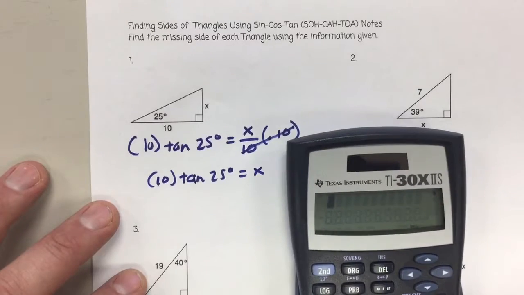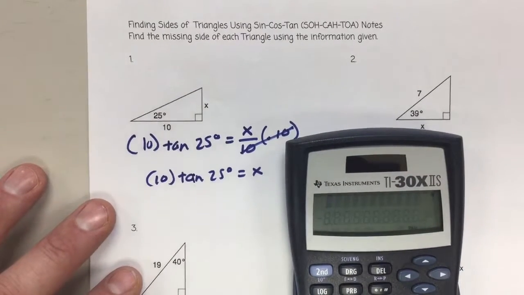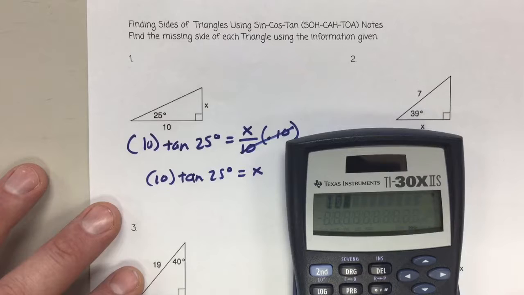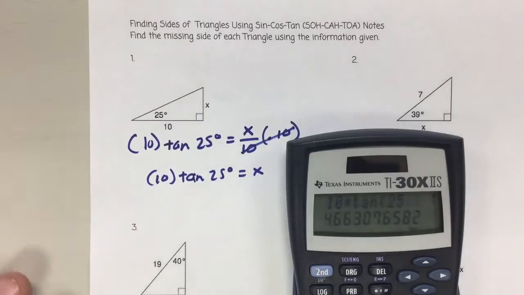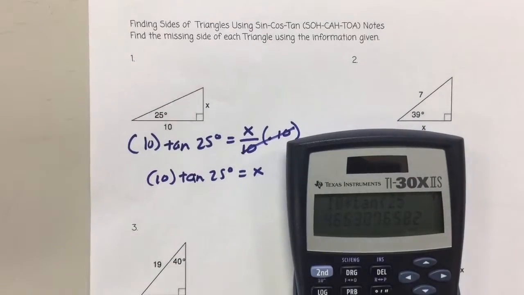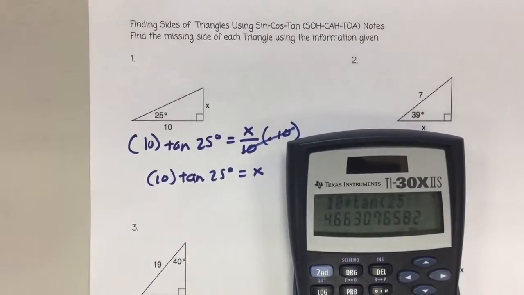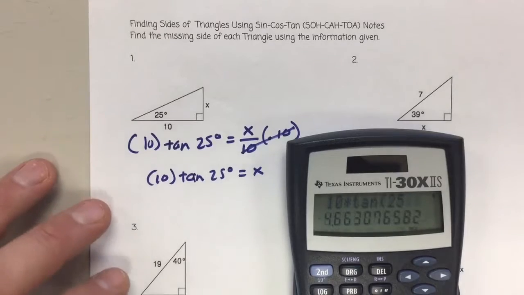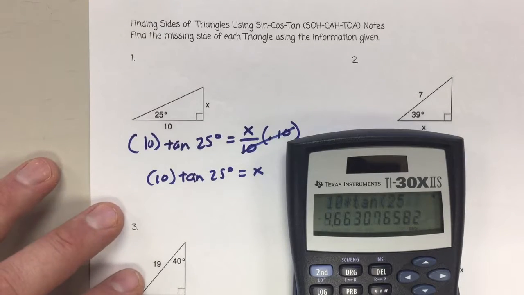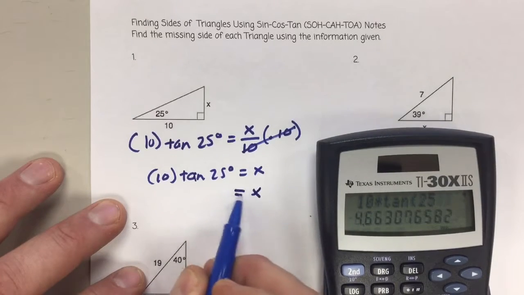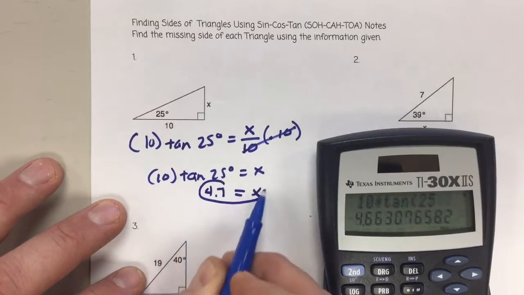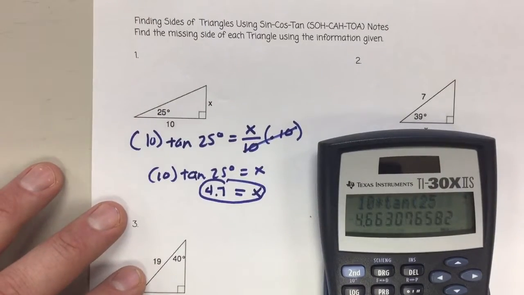So if you have this calculator, one of mine, all you're going to do is type in 10 times tangent and then the 25 degrees. Hit enter. And I get, as my answer, 4.66. Now, we're going to round that to 4.7. So always round sides to the 10th place. Okay, and that is our answer.